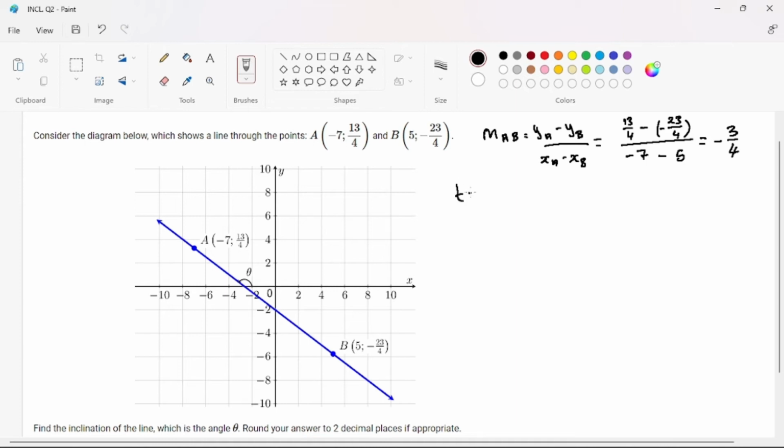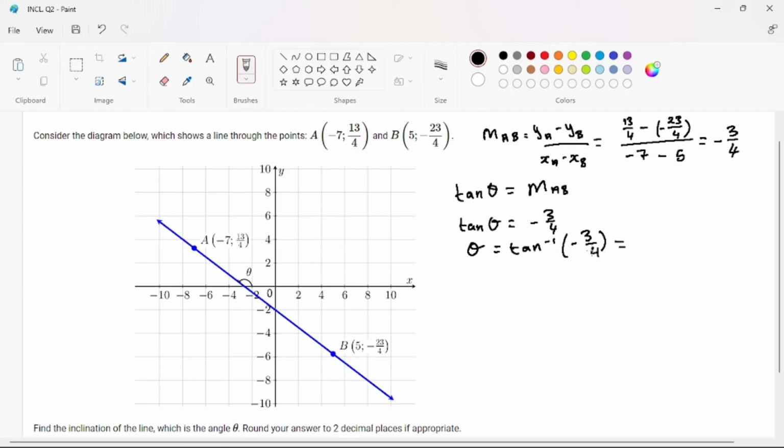And then our formula is going to be tan theta equals the gradient of AB, and then we are going to substitute on our next step. Our gradient is negative 3 over 4, and then you are going to punch your calculator. You are going to say shift tan, then it's going to show you an arctan, and then negative 3 over 4.